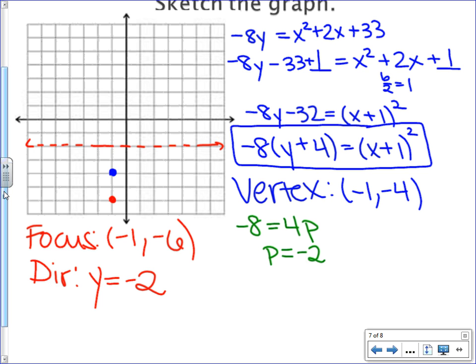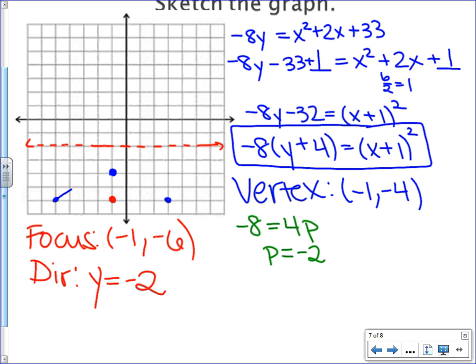Okay? And how do we plot points? Not squared. We're going to need double P. Double P is 4. So from our focus, we'll move 1, 2, 3, 4. 1, 2, 3, 4.